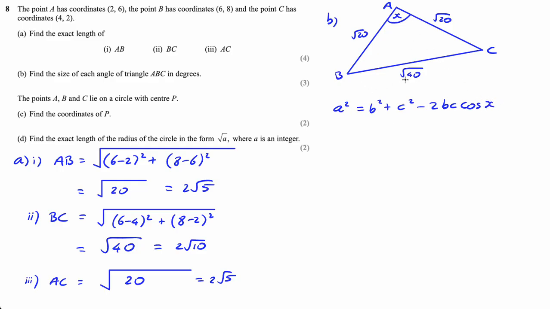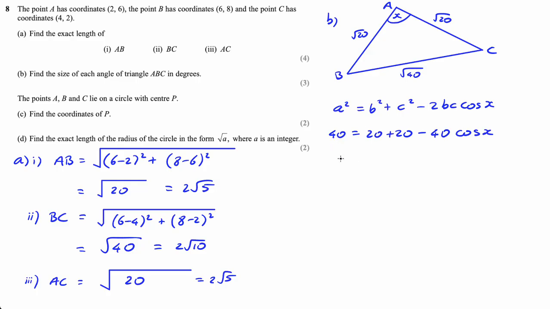So it's going to be this squared, which is 40, equals this squared plus this squared, 20 plus 20, minus 2 times root 20 times root 20, which is 2 times 20, which is 40, cos X. Okay, I see what they're doing, guys.